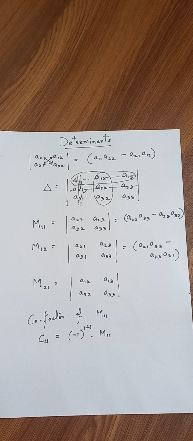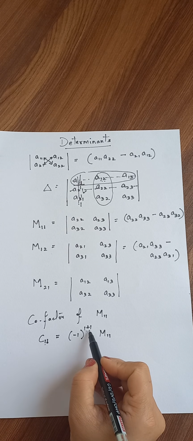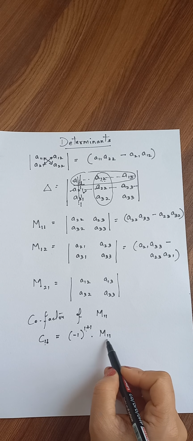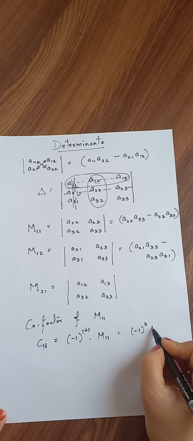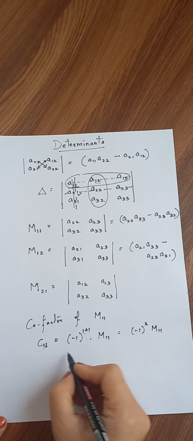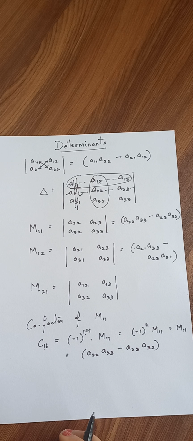Because we are finding the cofactor. The 1 and 1 come from the row and column part; we add them as the power and then write the corresponding minor. So it becomes (-1) to the power 2 times M11. (-1) squared is +1, so it becomes M11. We have already calculated the value of M11, that is a22 a33 minus a23 a32. So this is the cofactor of a11.